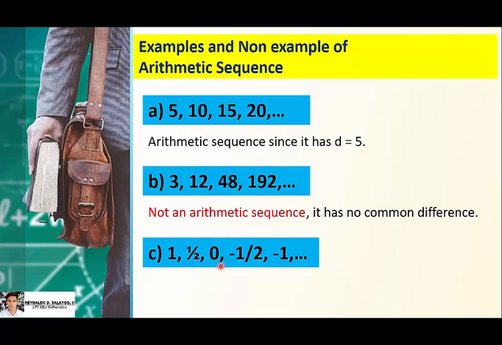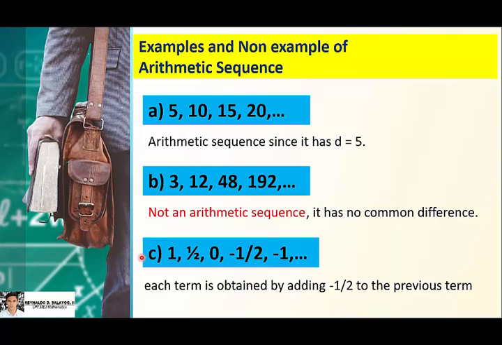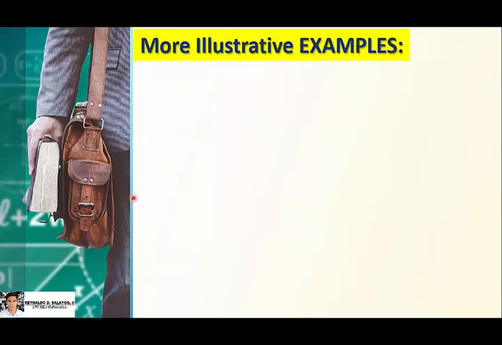When we subtract 0 from negative 1 half, the difference is negative 1 half. This is an example of an arithmetic sequence. Why? Because each term is obtained by adding negative 1 half to the previous term. Therefore, it is an arithmetic sequence. Let's move on for more illustrative examples.